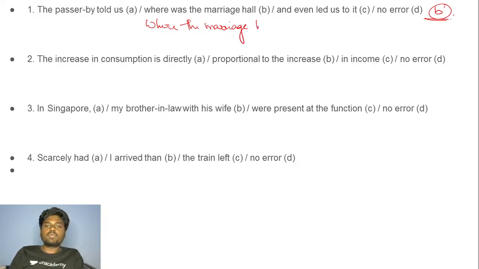It should be like, where the marriage hall was and even led us to it. So this is the wrong way of expressing the constructive statement. The passerby told us where the marriage hall was and even led us to it. So the error is with part B. Fine. Very good, Kirti.